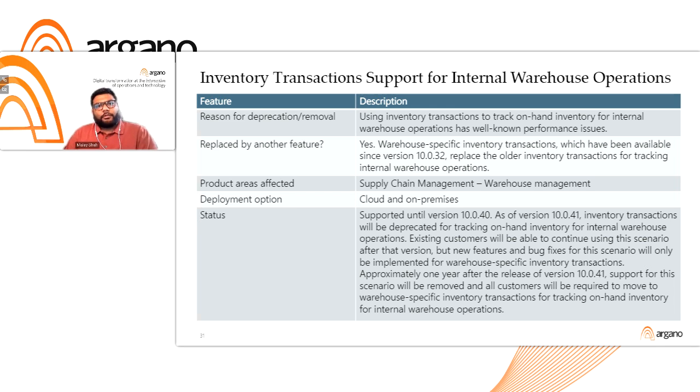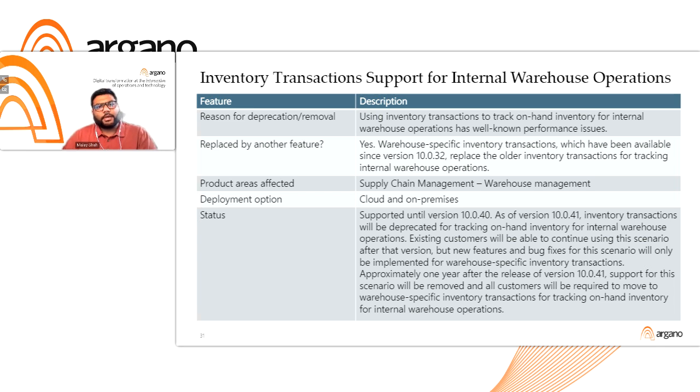Next one is inventory transaction support for internal warehouse operation. The reason for deprecating inventory transactions to track on-hand inventory for internal operations is well-known performance issues.